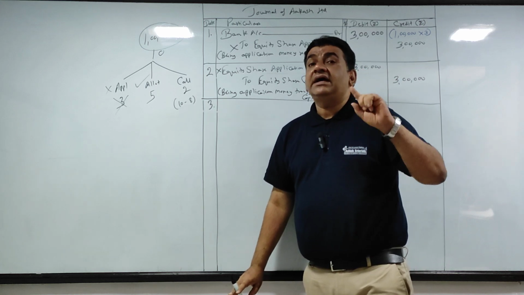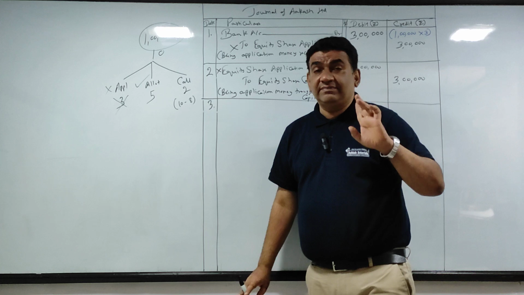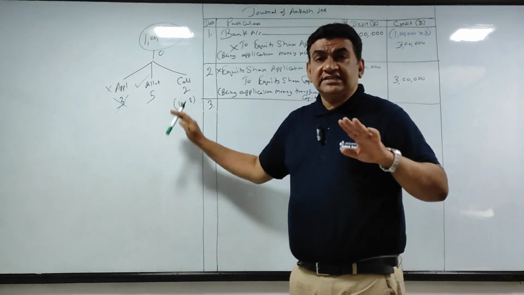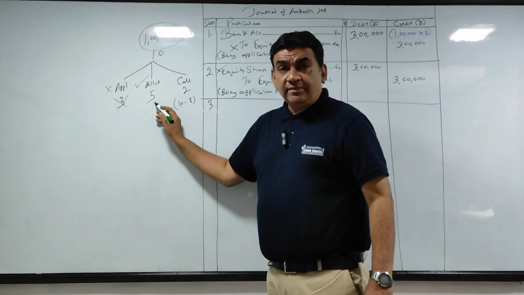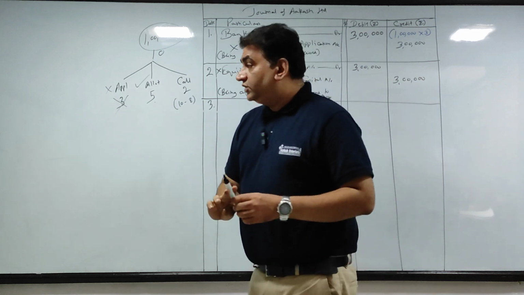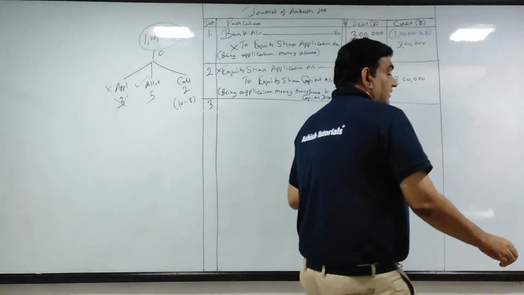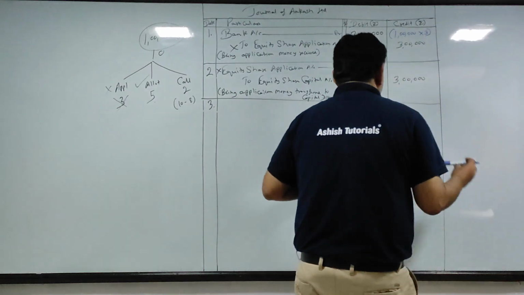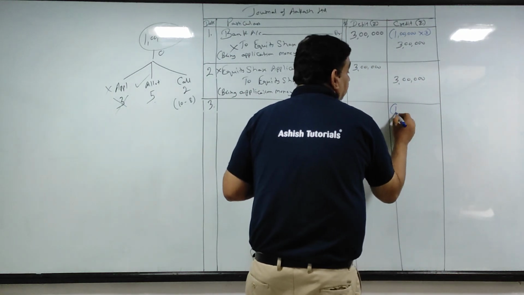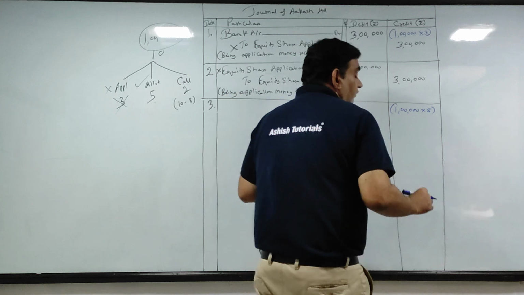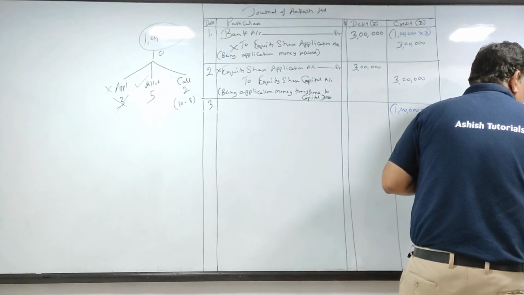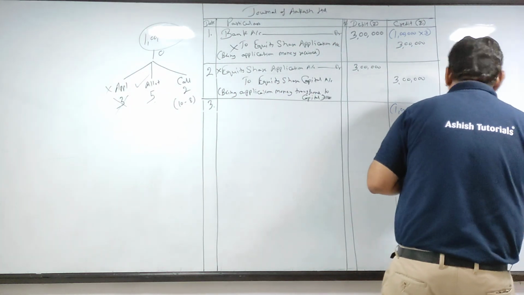That is nothing but allotment money receivable. Number of shares हर एक जर्नल एंट्री में 1 लाख ही रहेगा. Now it is allotment जो 5 रुपया है, so 1 lakh shares into 5 lakh. Now my entry number 3 will be 1 lakh into 5, that will give you 5 lakh.